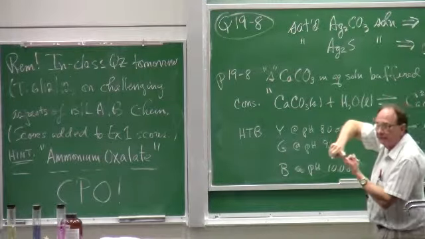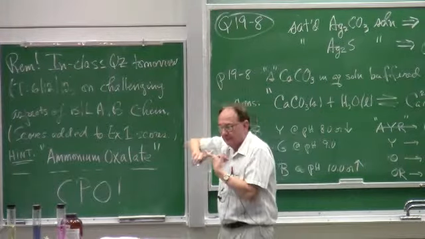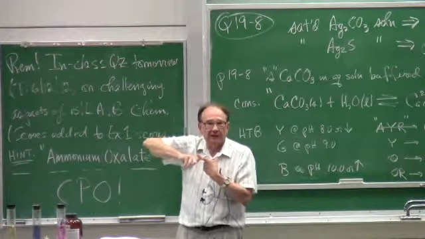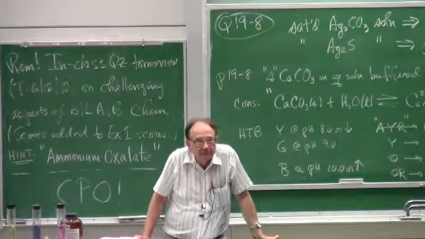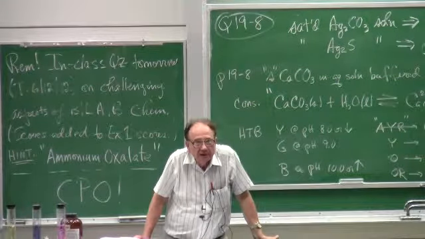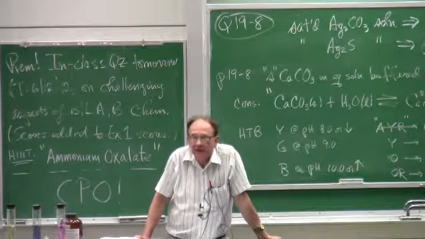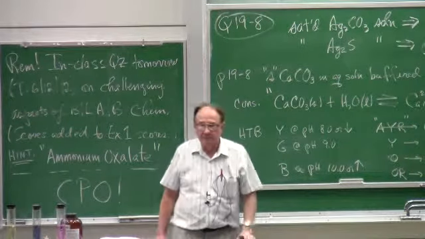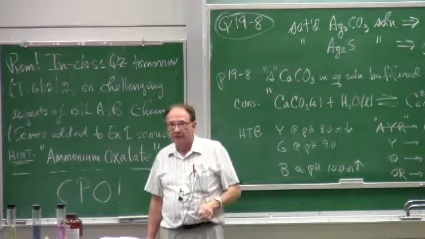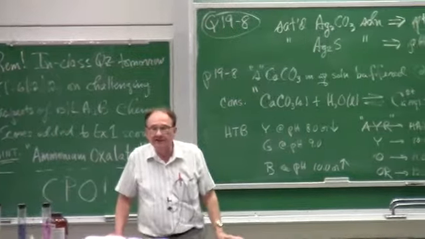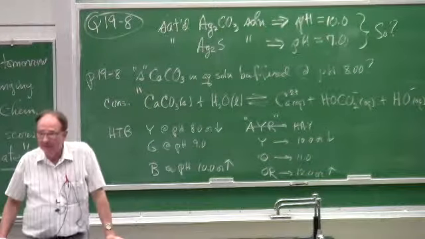What can I say about the solubility of silver sulfide compared to the solubility of silver carbonate? Much lower. What can I say about the solubility of silver sulfide in general without comparing it to the solubility of silver carbonate? Can I say fairly that it's awfully small?